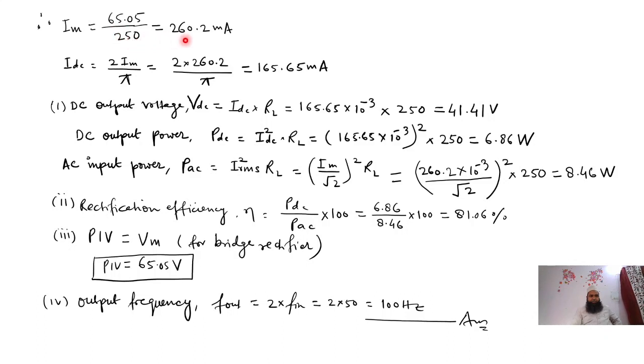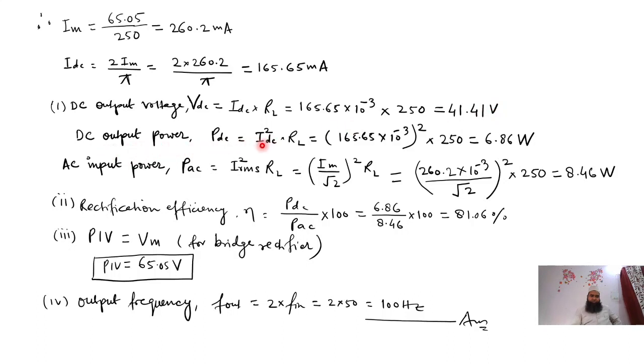This is 250, which comes out to be 260.2 milliampere, that is 10 to the power minus 3 ampere. IDC is equal to 2 Im upon pi, we can find it 165.65 milliampere. DC output voltage, that is VDC equal to IDC into RL. This comes out to be 41.41 volt.